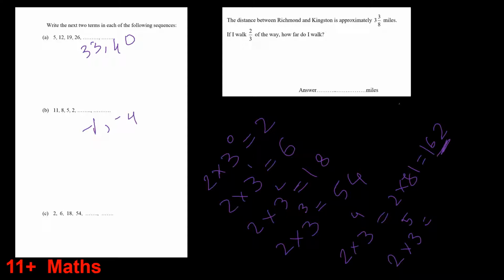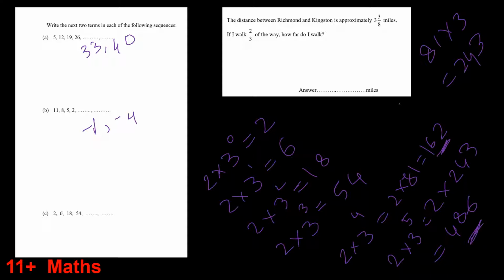Next is 2 times 3 to the power 5. Now 3 to the power 4 is 81, so 3 to the power 5 will be 81 times 3, and that equals 243. So this number becomes 2 times 243, and that equals 486.